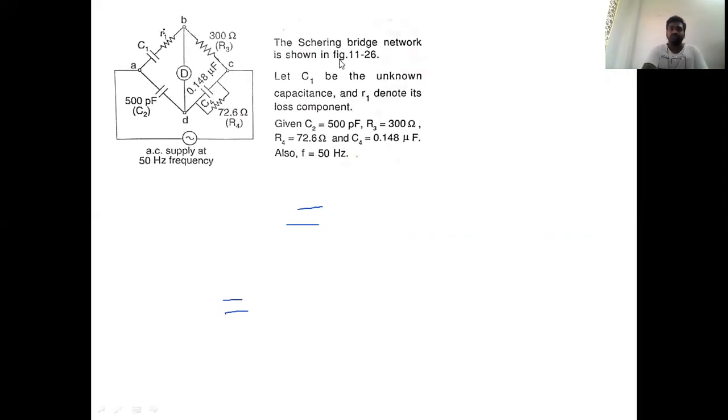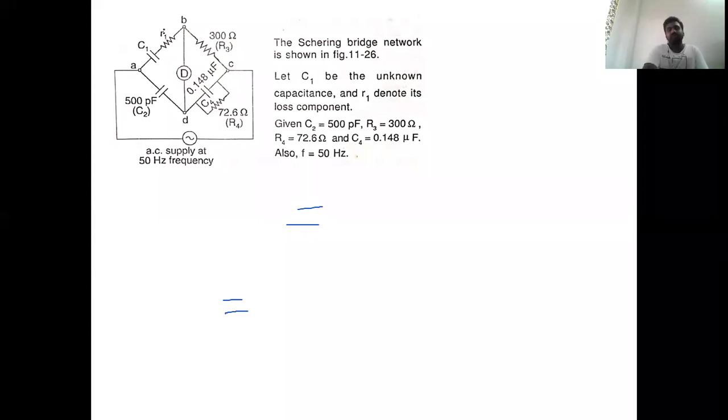So the Schering bridge. This is our Schering bridge, which has the elements C1 and R1 as unknown elements. Capacitance C2 is 500 picofarad. R3 resistance is 300 ohms. R4 has a capacitance value of 0.148 microfarad and a resistance value of 72.6 ohms.